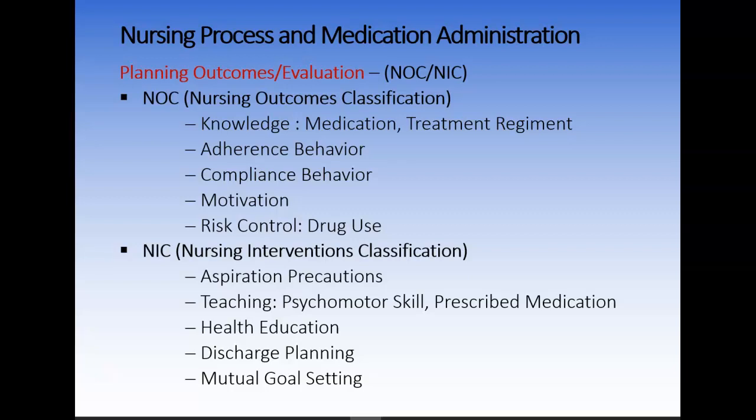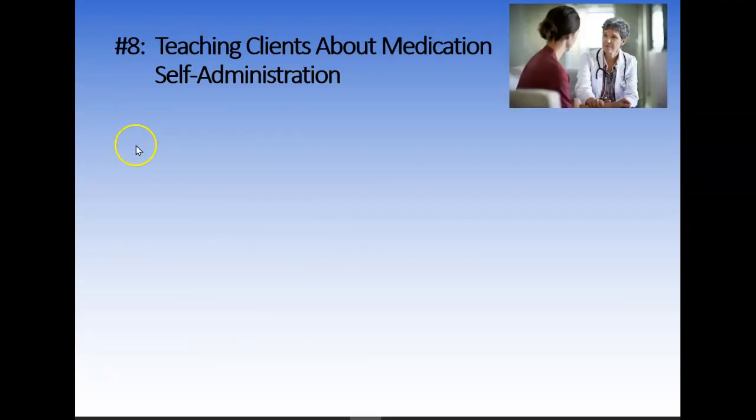And then when we get to interventions, we're talking about things like what could happen with this that we need to think about. Are they on aspiration precautions? Do we need to be teaching them this type of skill to give this medication? Do we need to be working on health education, or maybe there's discharge planning things to be thinking about, right? And then, of course, goal setting.